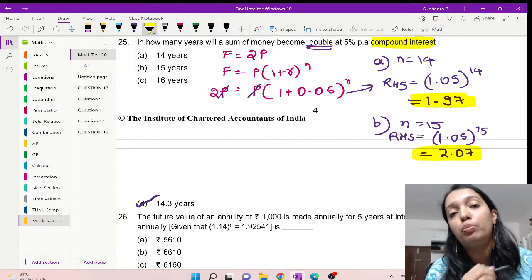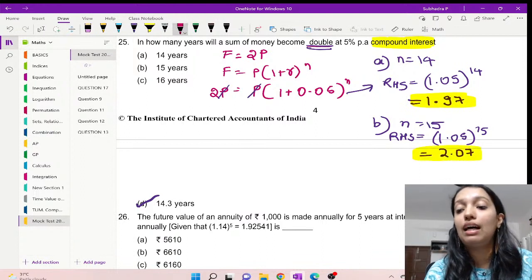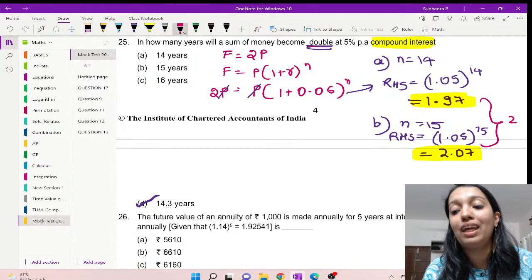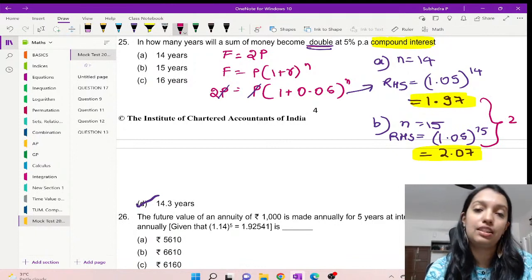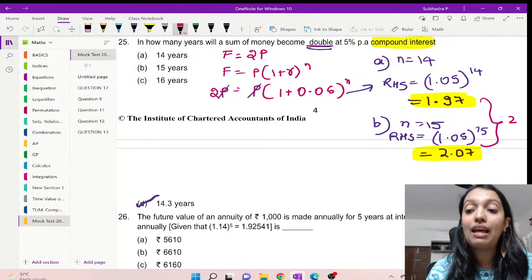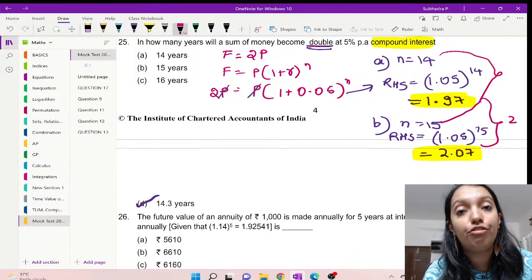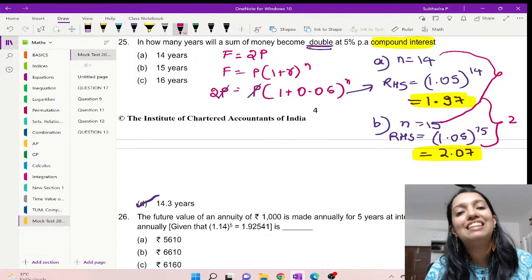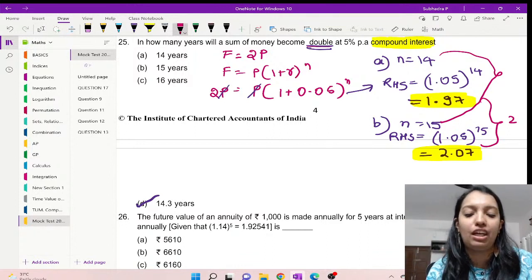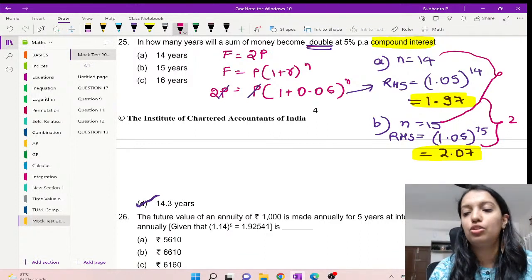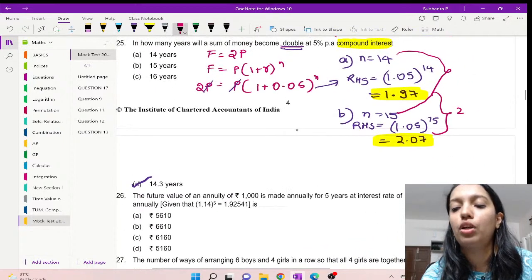Here I got 2.07. I know that 2 lies between 1.97 and 2.07. So that means my n value will also lie between 14 and 15. Which among the options lies between 14 and 15? It is 14.3. So that is your correct answer, 14.3.